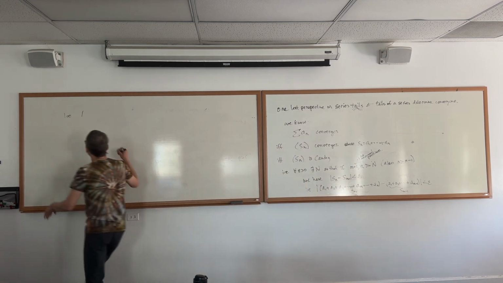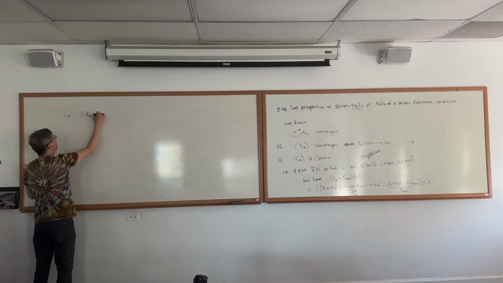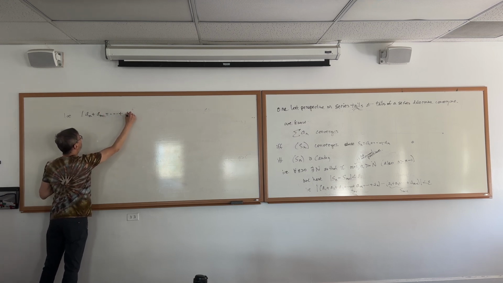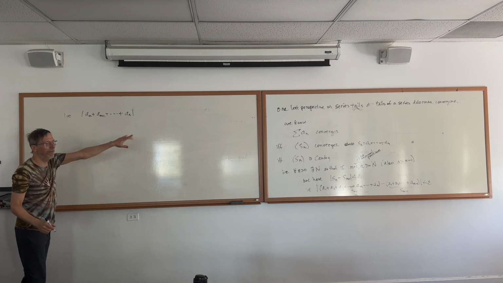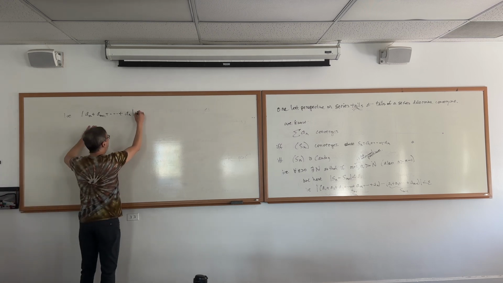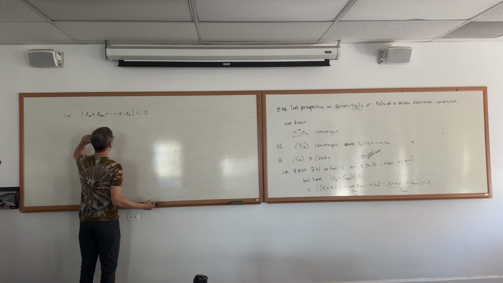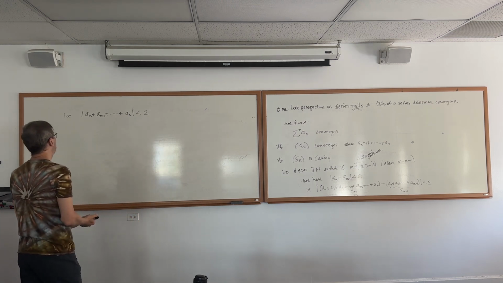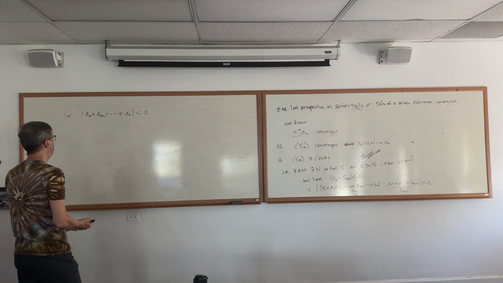So what this means is a sub m plus a sub m plus 1 plus and so on, all the way up to a sub n. Now you can see why we picked m minus 1 over there, just so this looked pretty. We had to pay the pretty price somewhere, and it's nicer to have it at the end. It's less than epsilon.